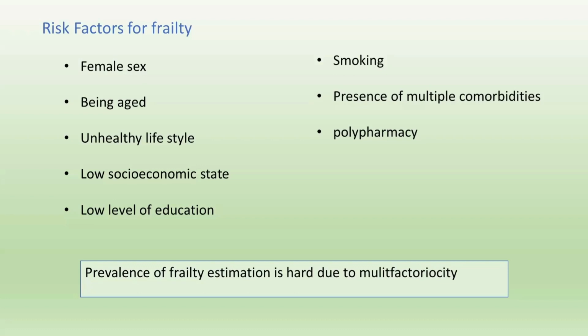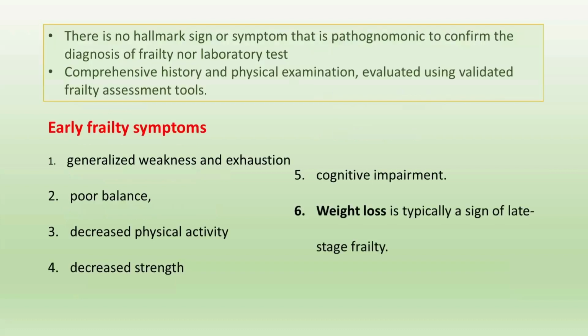All these factors contribute to frailty. So in primary care, estimating the prevalence of frailty is really hard due to this multifactorial nature. Another thing is there is no special hallmark sign or symptom that is pathognomonic for confirming the diagnosis of frailty, and there are no laboratory tests either.